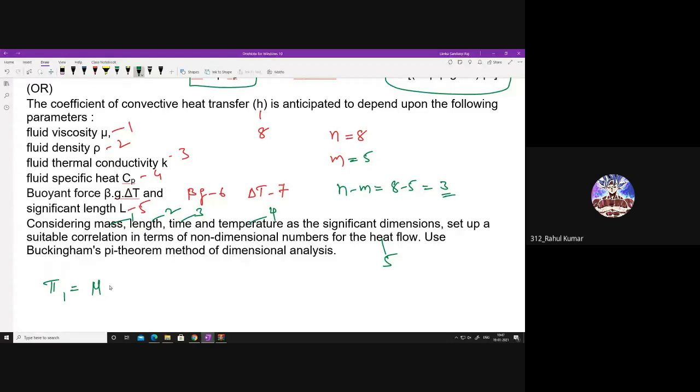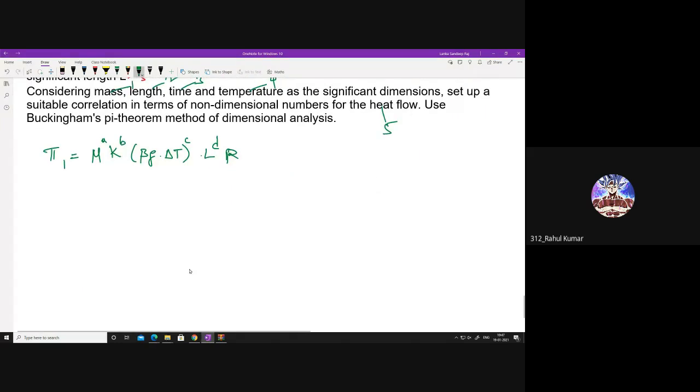So mu to the power A, k to the power B, beta G delta T to the power C, L to the power D, rho is taken here. The difference here is beta G into delta T is taken as one term, taken in combination to the power C. That will be taken as a core group.